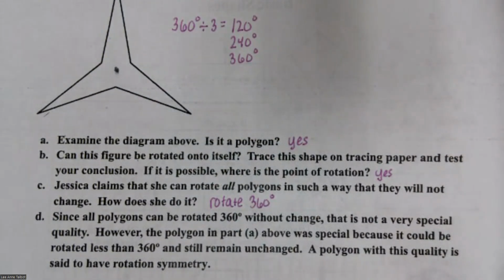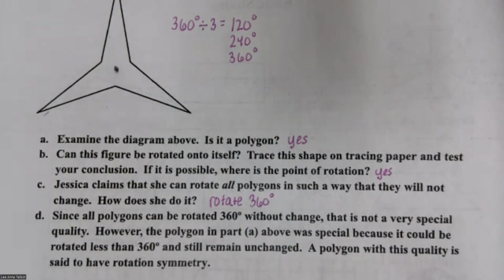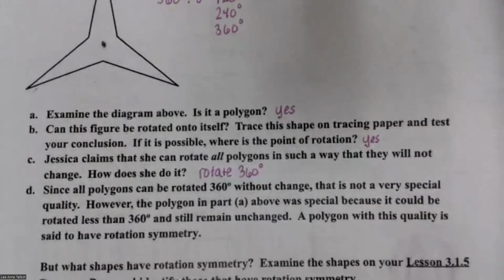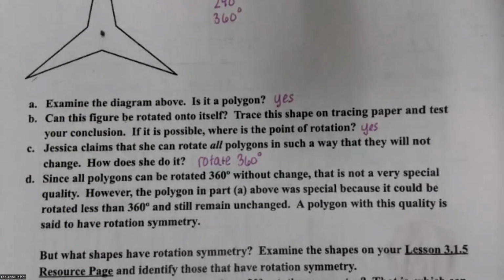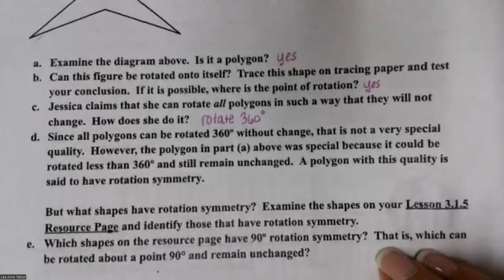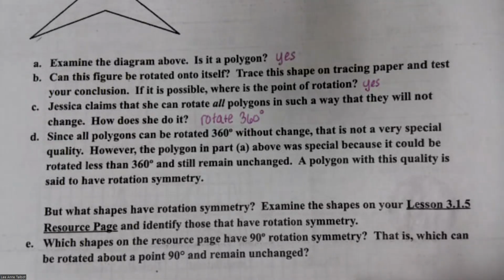What's the next one? 1440. Where are my skateboarders? They always know all of the multiples of 180. Wait, so start at 180 because 180, 360, 540, 720, right?